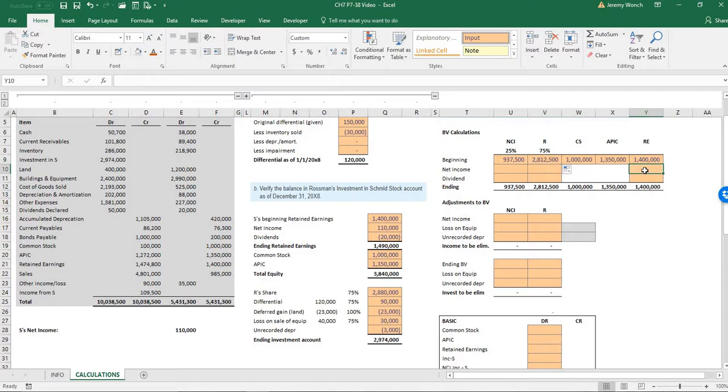And now we want to plug in net income, which we calculated over here at 110, and then we want to subtract out dividends, which are 20. Let's split that.